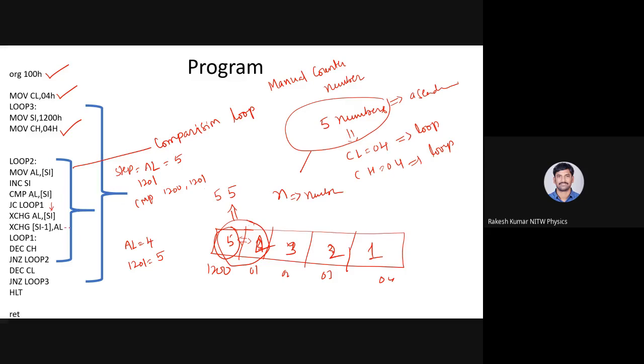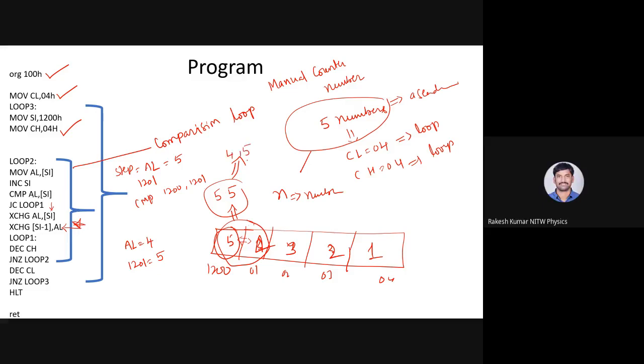In the next instruction, listen carefully. This is very, very important. XCHG [SI-1], AL. What does it mean? The AL value will go to the SI minus 1 memory location. So now what are the next numbers? 4, 5.